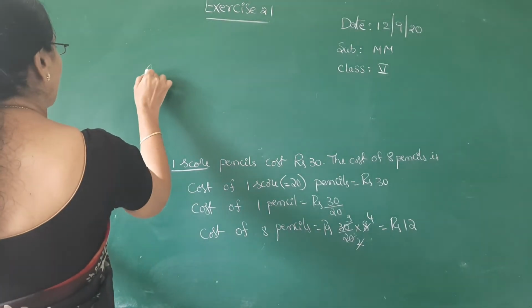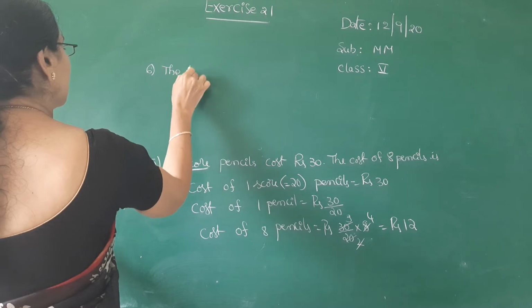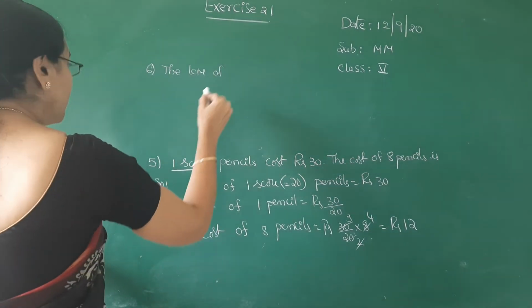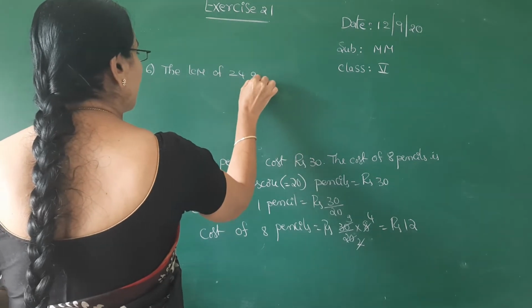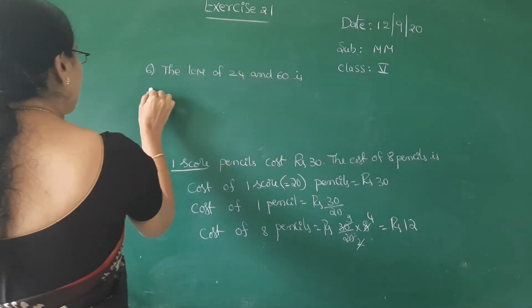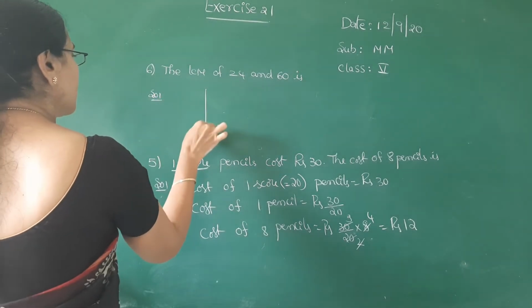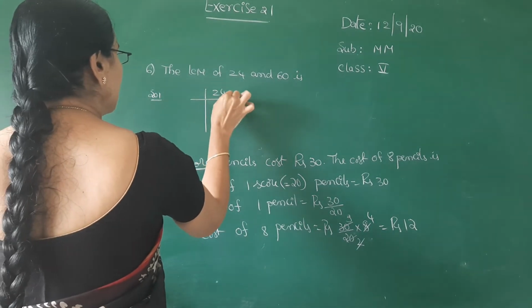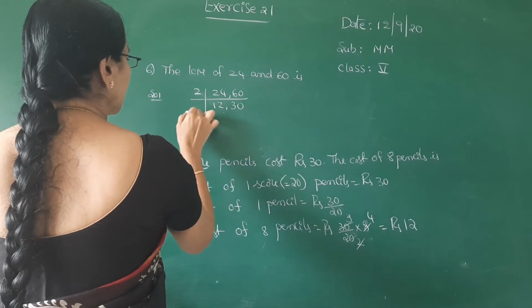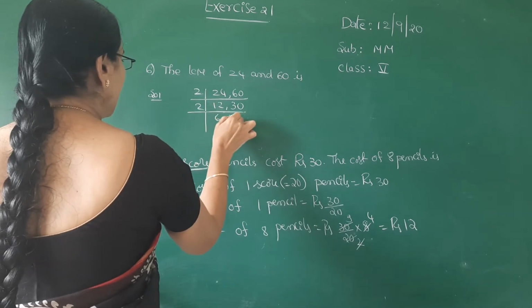And see the sixth problem. The LCM of 24 and 60. Find out the LCM. So 24, 60, 2 12s, 2 30s, 2 6s, 2 15s.